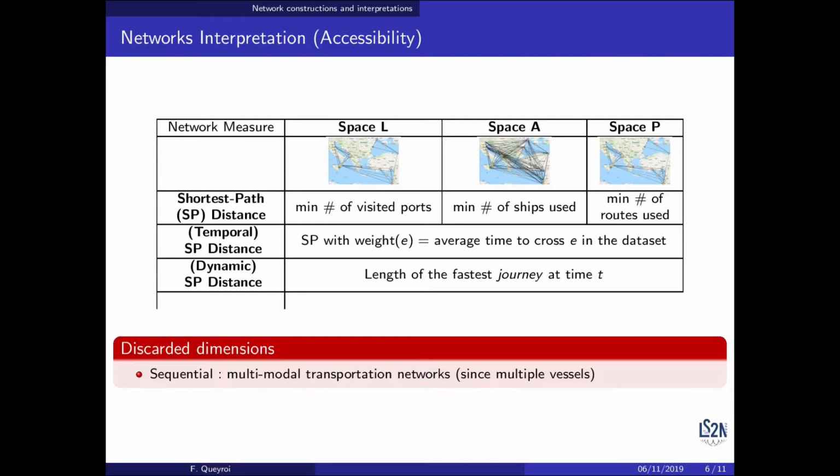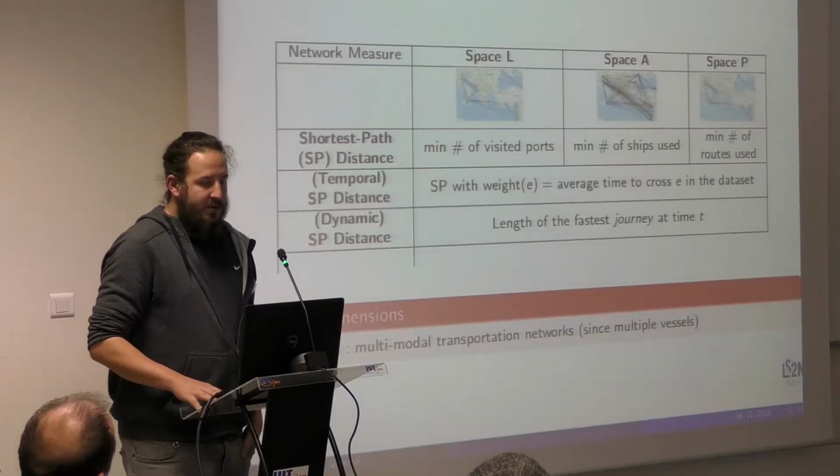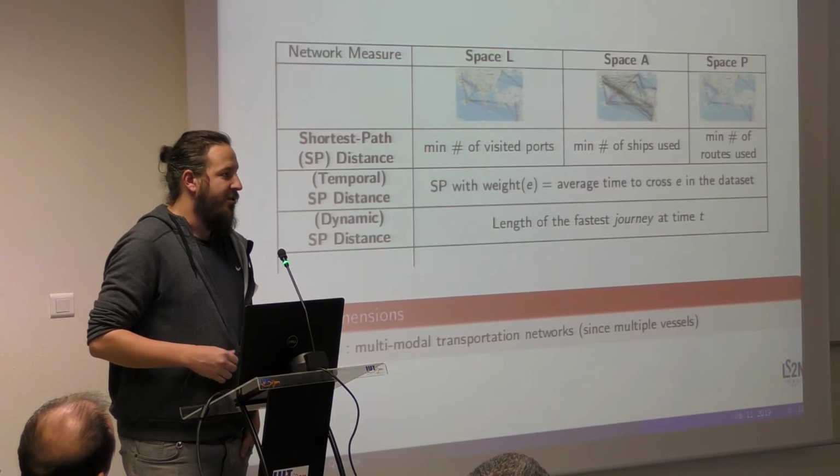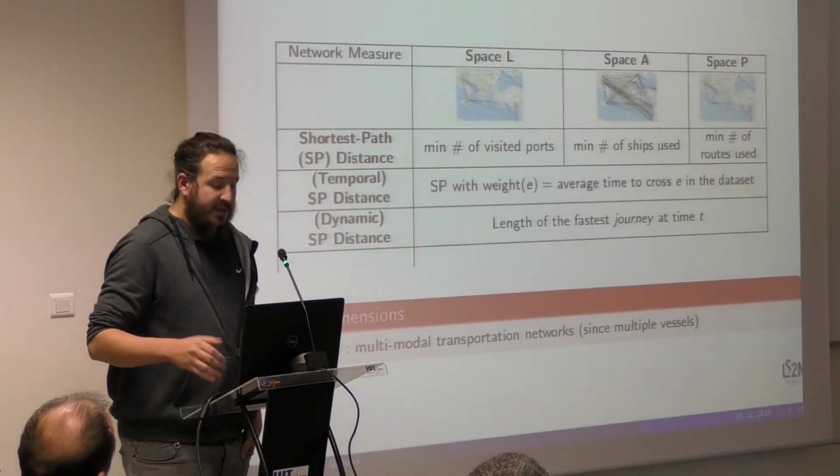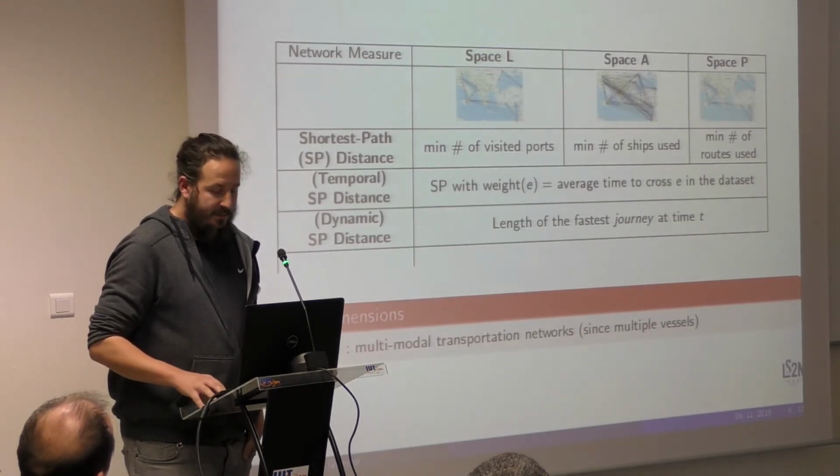It is similar to when we plan a travel on a flight or train reservation website. So it will take into account the departure time of the ships, and the sailing time, I should say, and their arrival time.